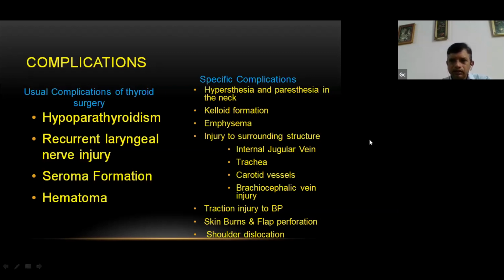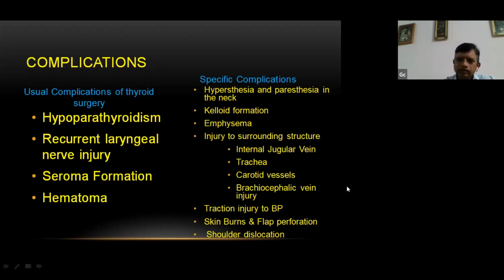But injury to surrounding structures like the internal jugular vein, trachea, carotid vessels, brachiocephalic vein injury, these are chances there, definitely. But if you are careful, because nowadays you are working with 4K or higher end 3D HD cameras, I don't think that if you are careful these complications are common; they are very few.